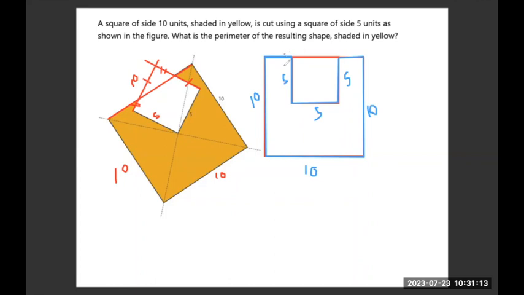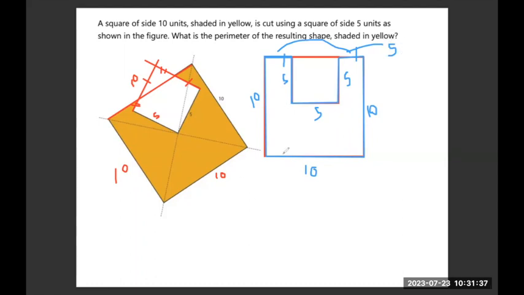We don't know how much this part and this part are, but we know that 10 minus 5 gives 5 as the addition of both. I am not concerned with how much the smaller parts are individually, but the total of the top part will make up 5, because 10 is the total length, and from that 5 is subtracted.